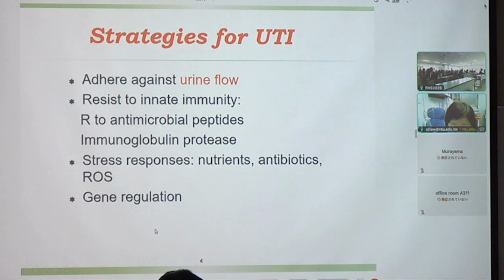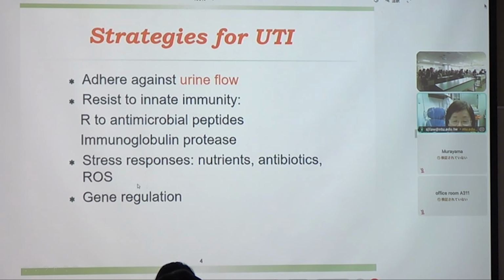And there are several strategies for uropathogens to establish a UTI. First, adhere against the urine flow, and second, resist innate immunity, including antimicrobial peptides and immunoglobulins.